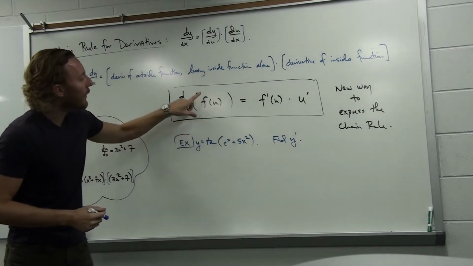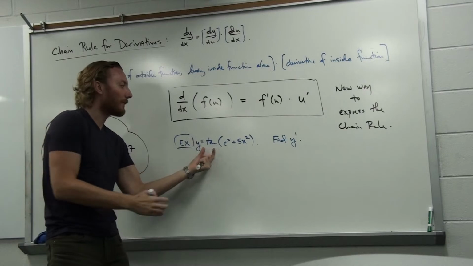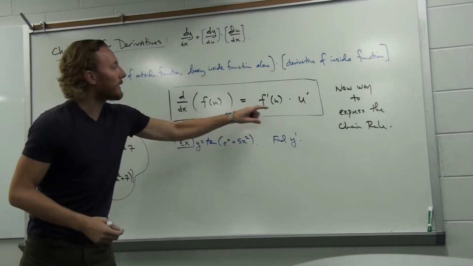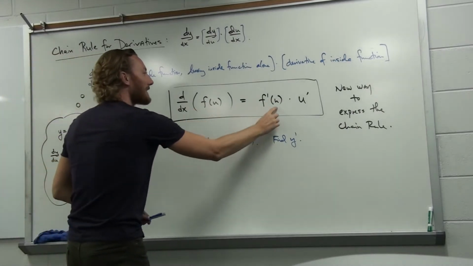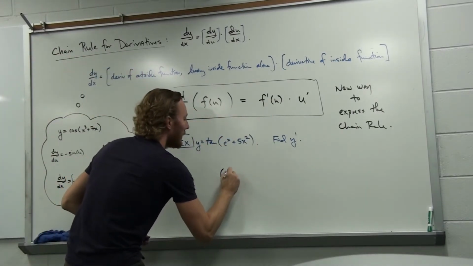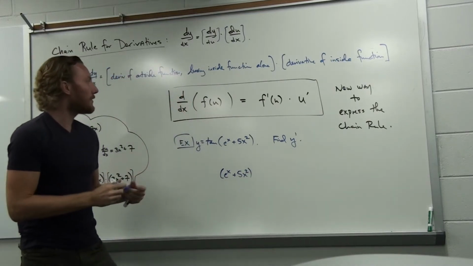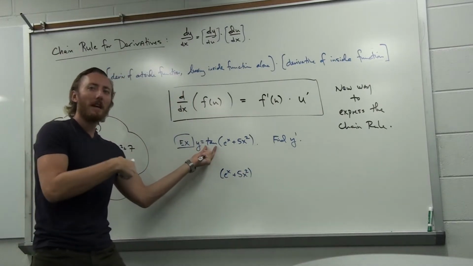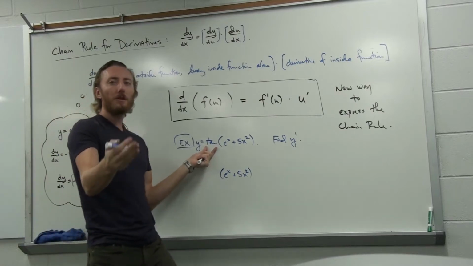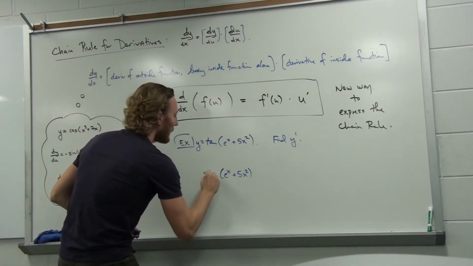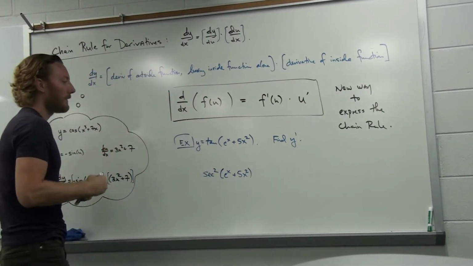We need to think of our original function as the tangent function with something inside of it. So the first thing we're going to do is leave that something inside of it unaltered, e to the x plus 5x squared. And all we're going to do then is take the derivative of the function on the outside. And you know the derivative of the tangent function is secant squared, so secant squared would be its derivative.